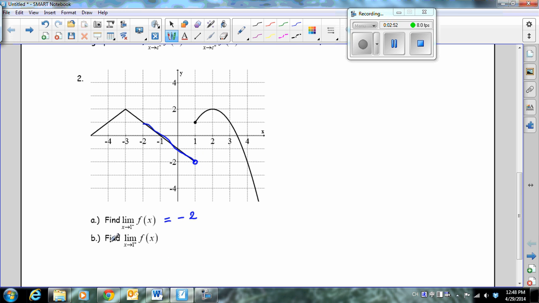If you do the same thing, this time approaching it from the right, traveling on this, that limit seems to be at this point, which is at 1. But these two are different, therefore the limit as x approaches 1 of f of x does not exist because these two are different.